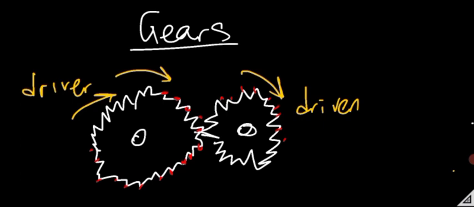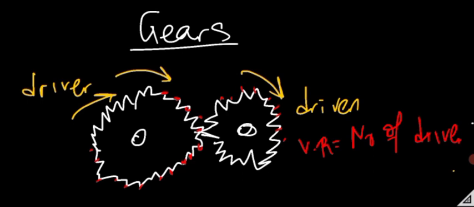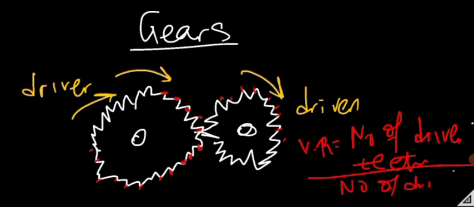Now the velocity ratio for gears is given by number of driver teeth. Are you getting it? Number of driver teeth over number of driven teeth.